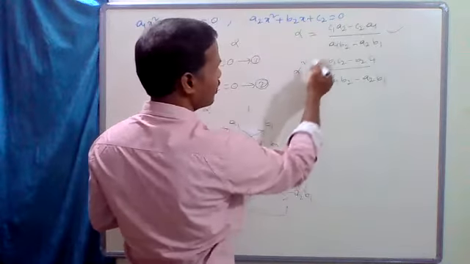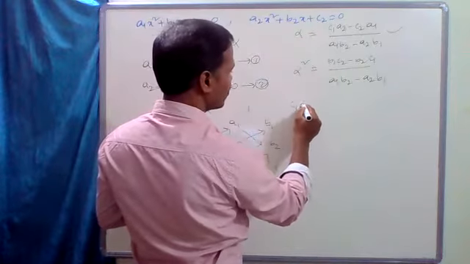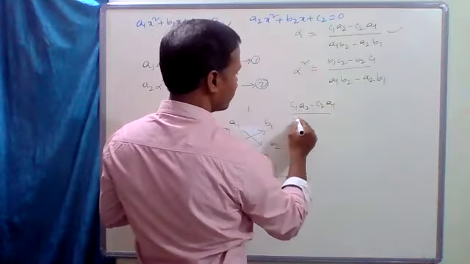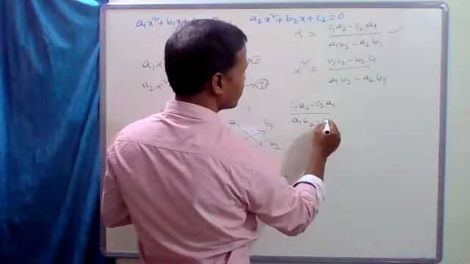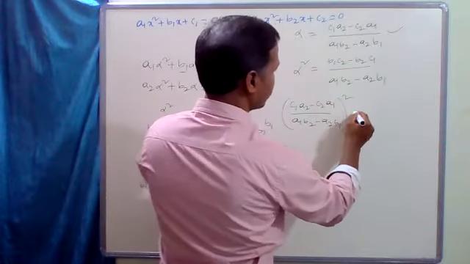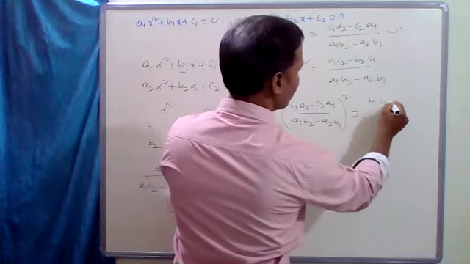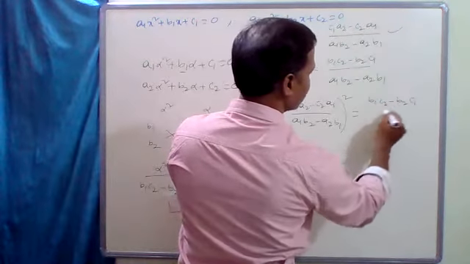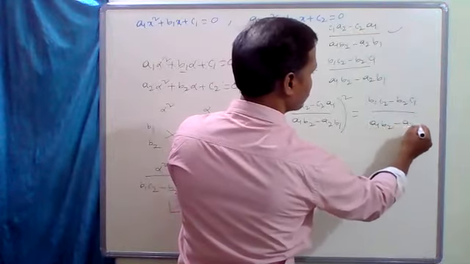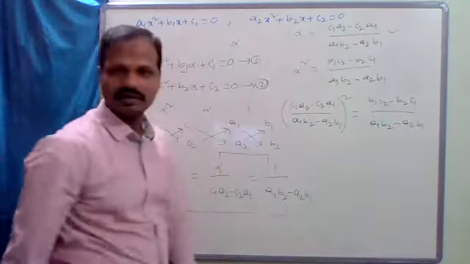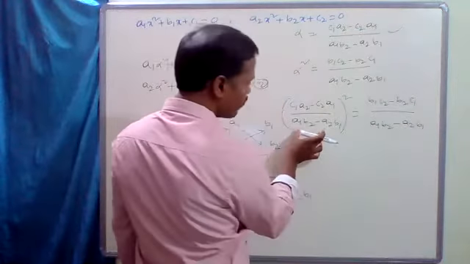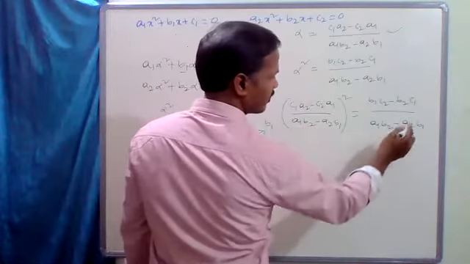Substitute this alpha value here, then you will get (C1A2 minus C2A1) by (A1B2 minus A2B1), whole square, equal to (B1C2 minus B2C1) by (A1B2 minus A2B1). Now simplify this. One (A1B2 minus A2B1) will be cancelled. Okay?